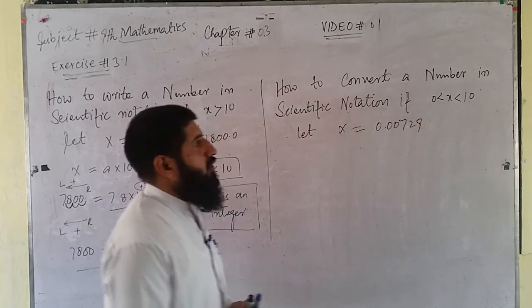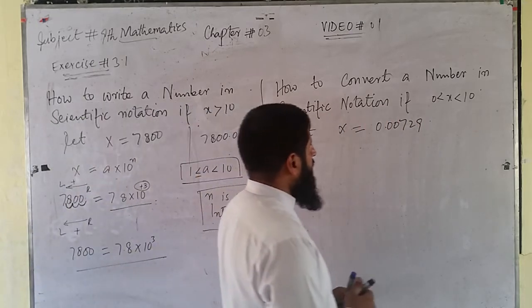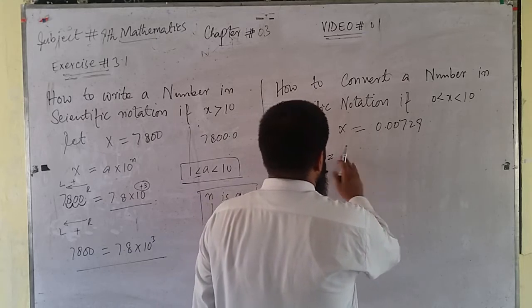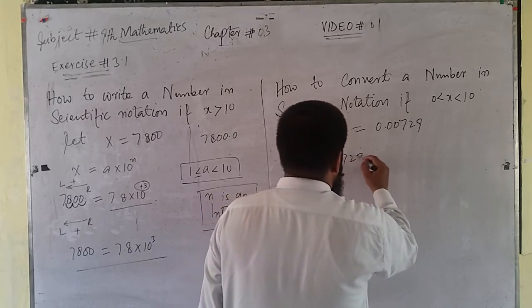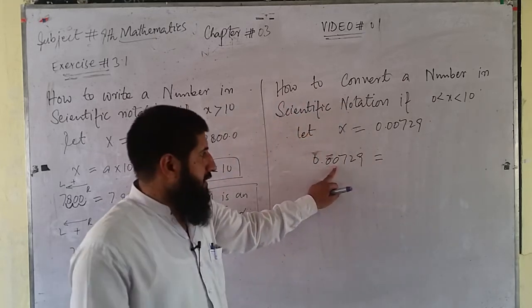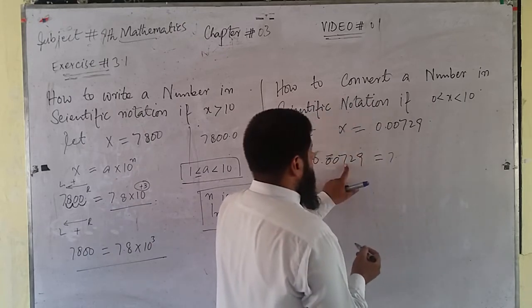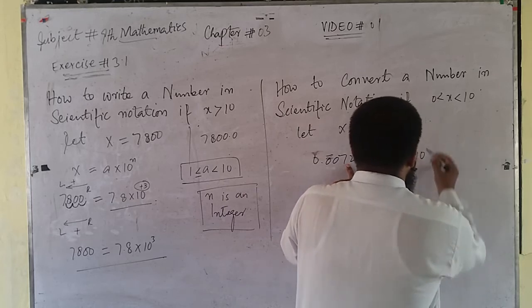For example, x equals 0.00729. We place the point after the first non-zero digit, 7, giving 7.29 multiplied by 10 raised to power n.